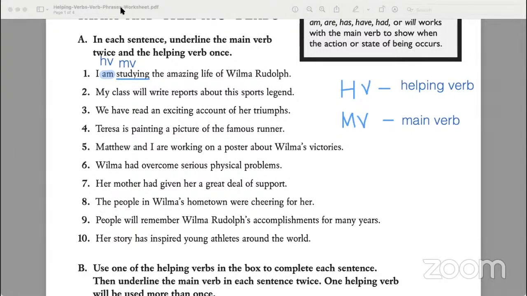Are you guys understanding this topic? Because I'm not getting any response back from you. If you're not understanding, you need to let me know. Sitting there quietly is not helpful. Any questions?